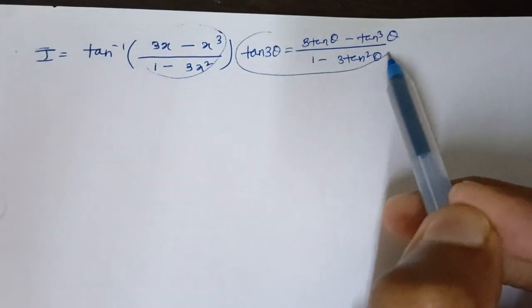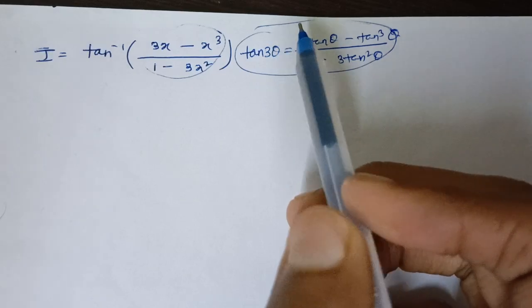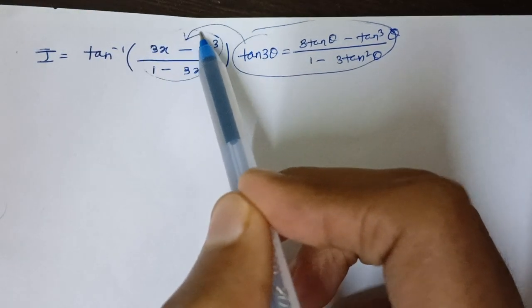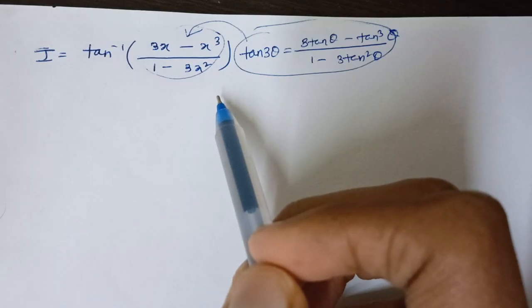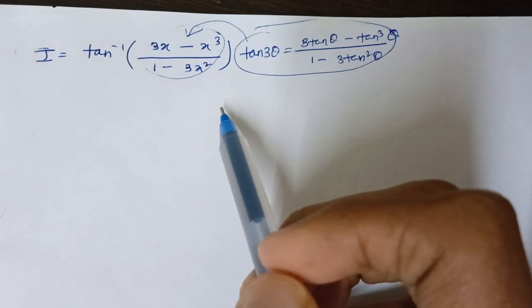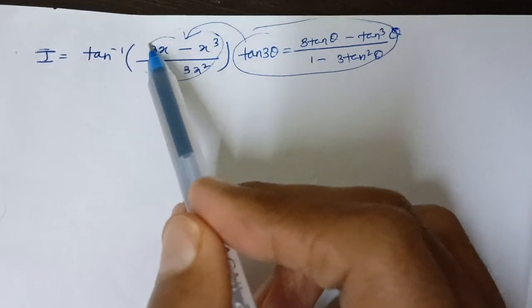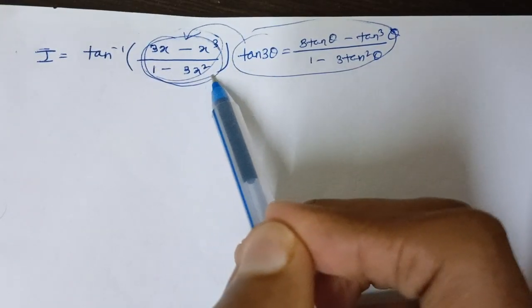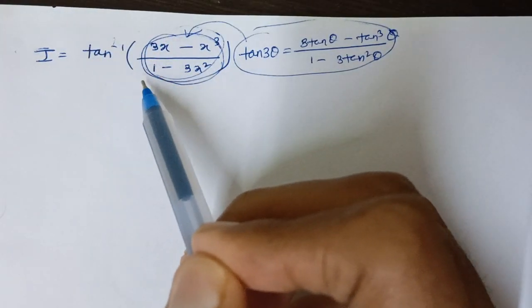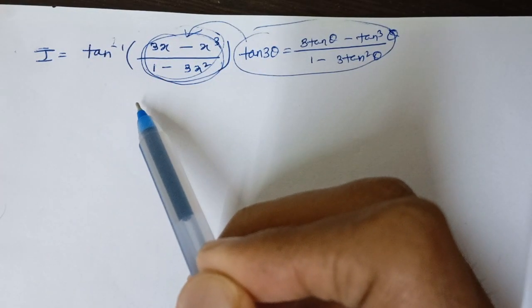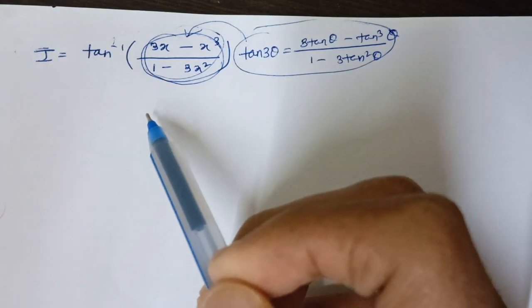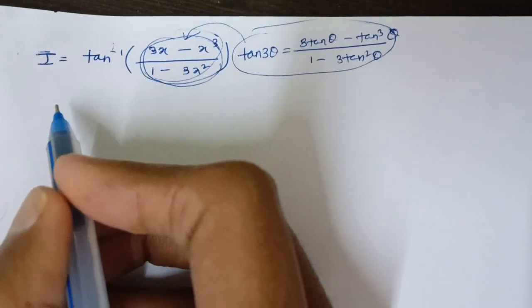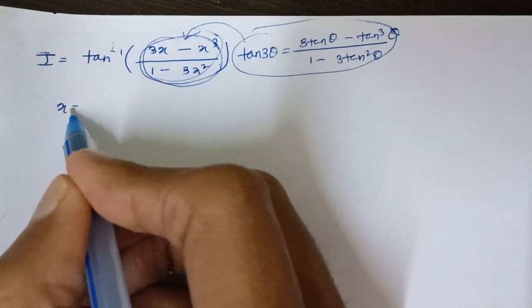From this I had a thought of substituting x as tan theta. Now if I do that, this entire thing will become tan 3 theta, and somehow we can cancel the tan inverse and tan. So that's my thought process of why I'm going to try and put tan theta here. Okay, so let's put x as tan theta.